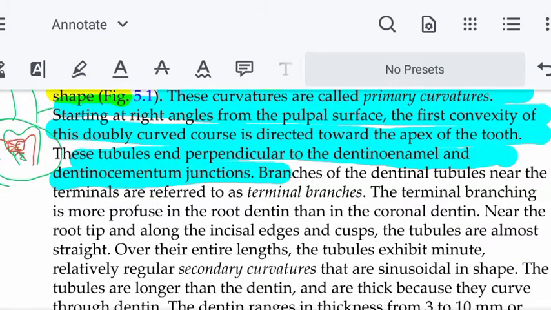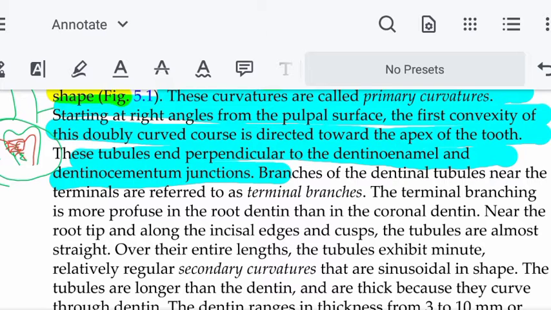Branches of the dentinal tubules near the terminals are referred to as terminal branches. These dentinal tubules are S-shaped tubules, and the branches near the terminals are called terminal branches.